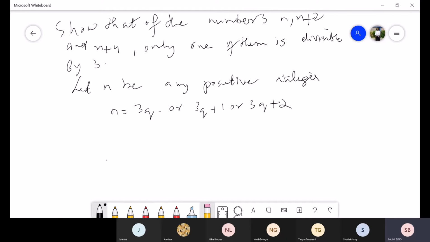If n is a positive integer, I can write n as 3q, 3q plus 1 or 3q plus 2. Did you understand why? Because it is divisible by 3, that means b is 3. So what will be the remainder? Remainder will be 0, 1 and 2. So that is why I wrote 3q, 3q plus 1, 3q plus 2. Did you understand this much?